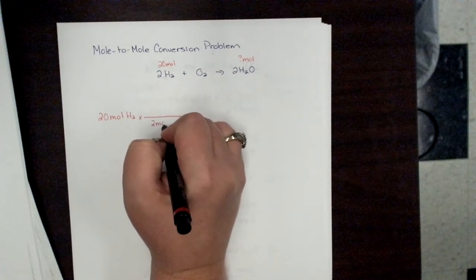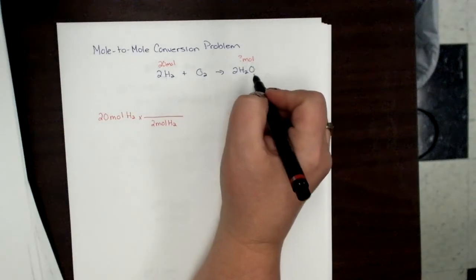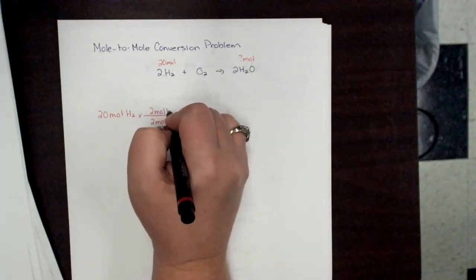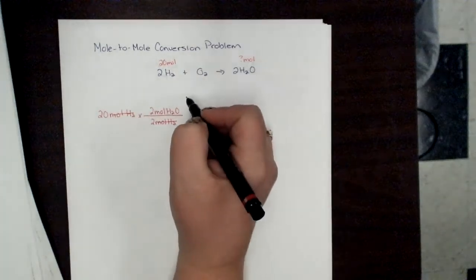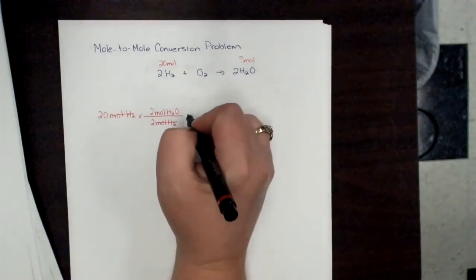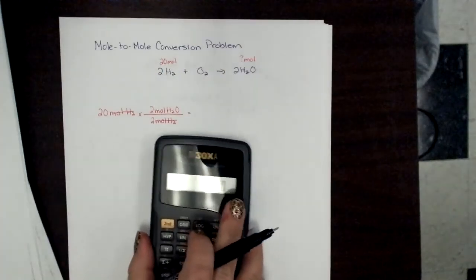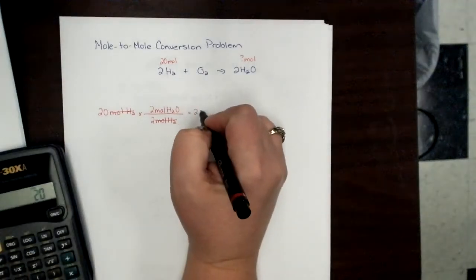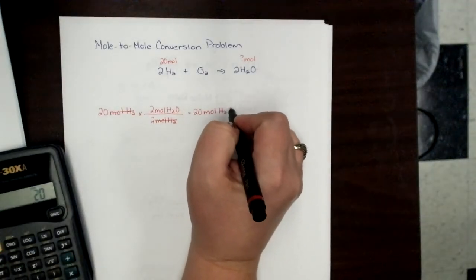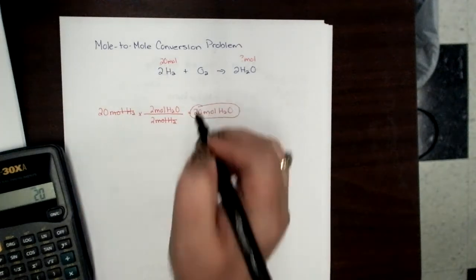So I'm going to put 2 moles of hydrogen on the bottom, and that's going to put my 2 moles of water on top. So now I can cancel out moles of hydrogen, and I'm left with moles of water. And so that's what we were looking for. So now I can just work it out in my calculator. So I'm going to say 20 times 2 divided by 2, and that gives me 20 moles of water. 1 sig fig, 1 sig fig. So that's my answer. Okay?